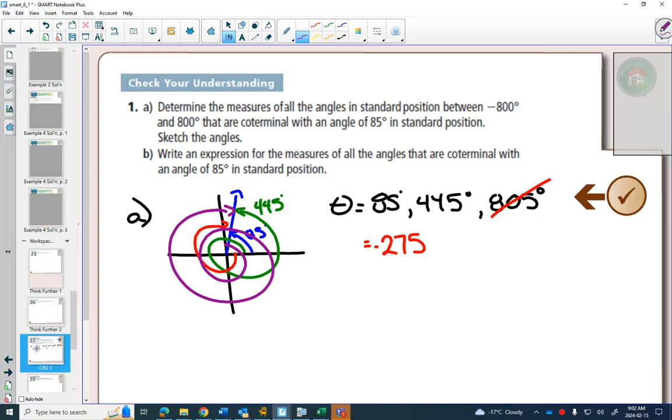So, what do we got? Negative 360, what's another negative 275? That one will be negative 635 degrees. And you might notice that you can't go any further. Our diagram is terribly messy. All those spirals, it's crazy.